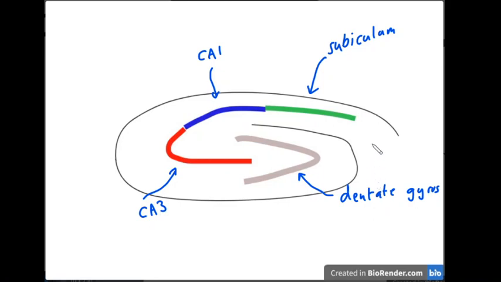Now, let's start with the input. The input comes from the entorhinal cortex, EC. And this comes through a pathway called the perforant pathway.